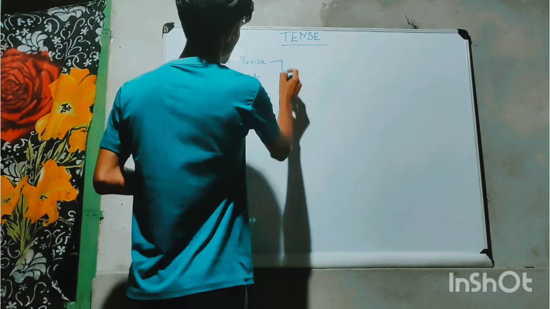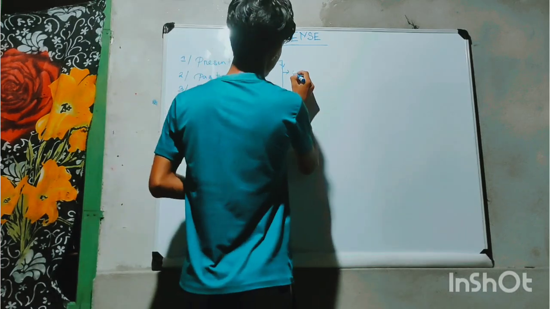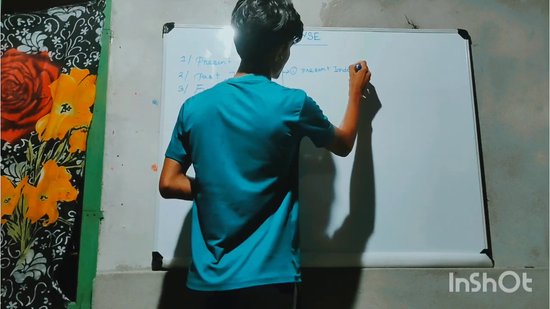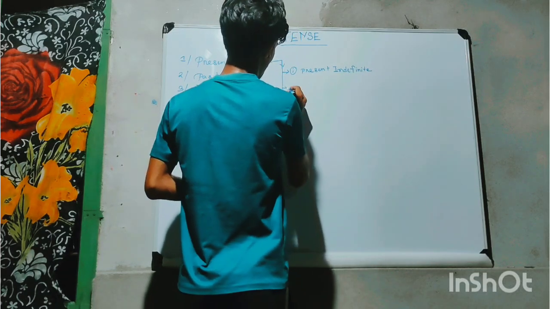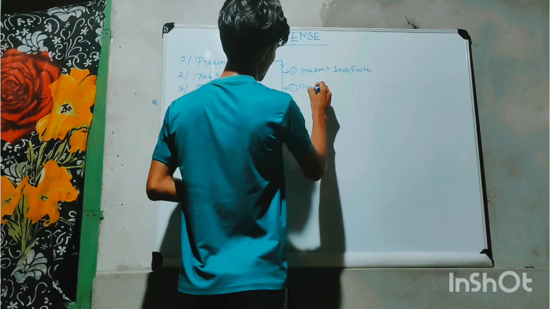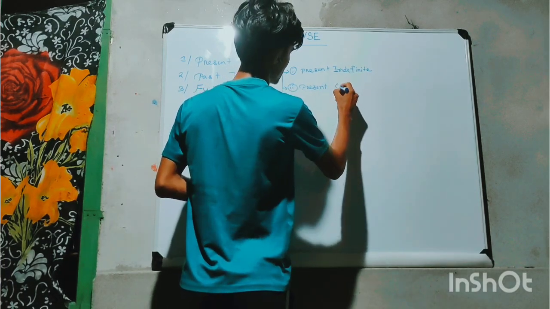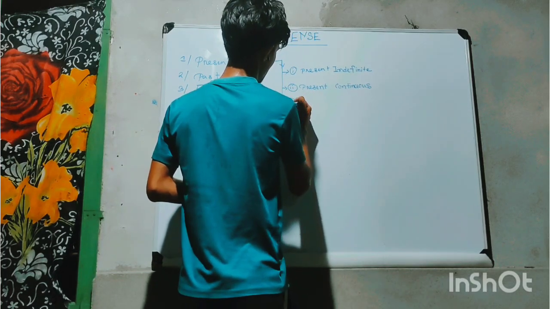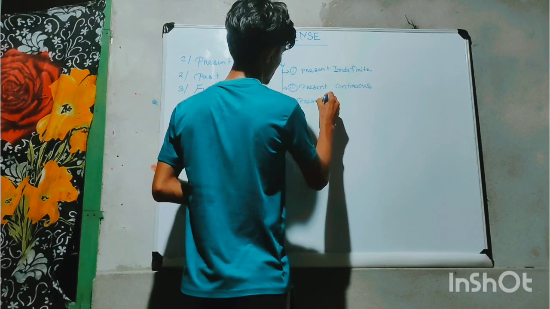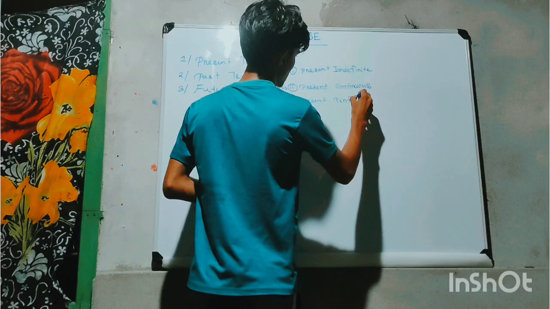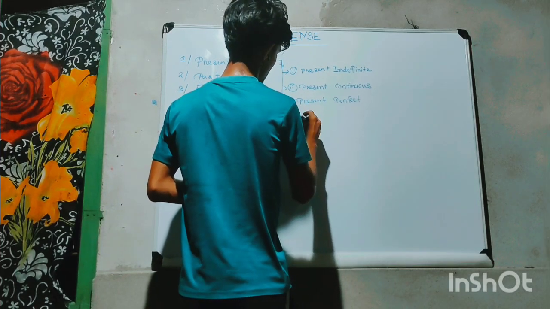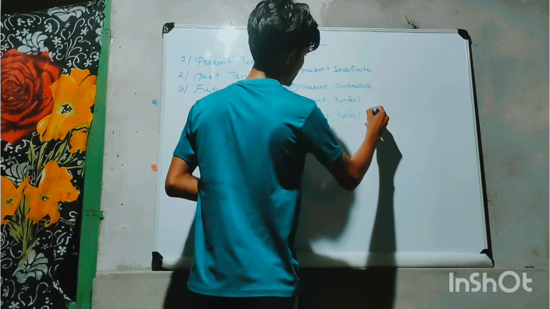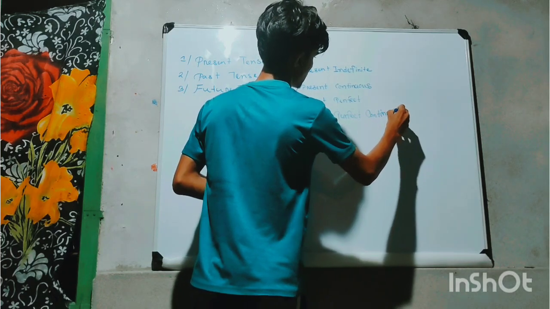Every tense has four types. First we are going to discuss present indefinite. The four types of present tense are: one, present indefinite; two, present continuous; third, present perfect; and fourth, present perfect continuous.